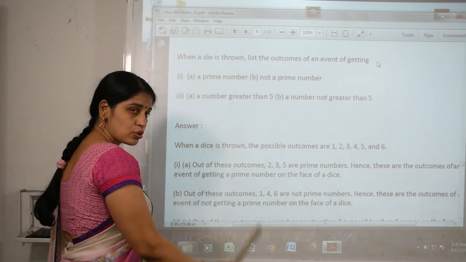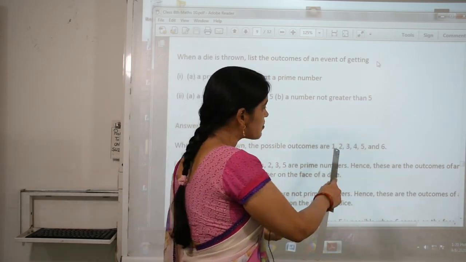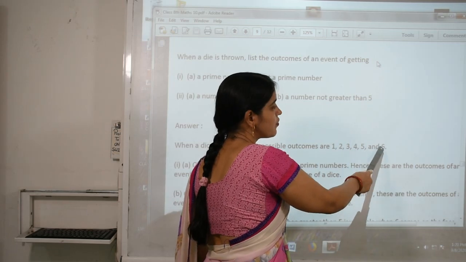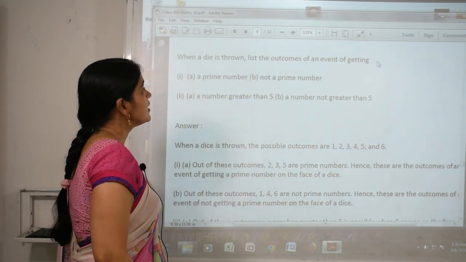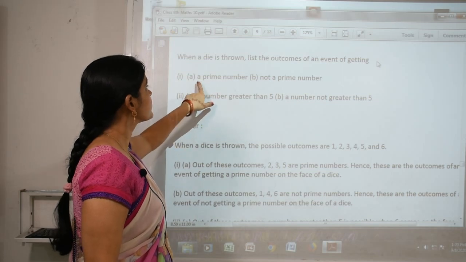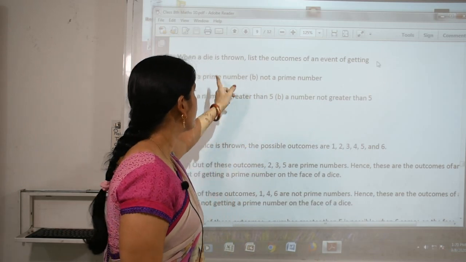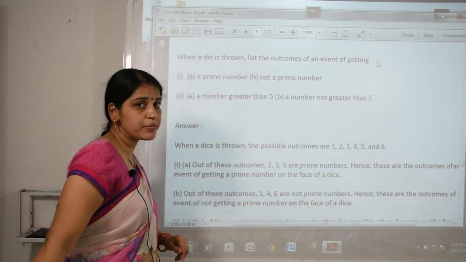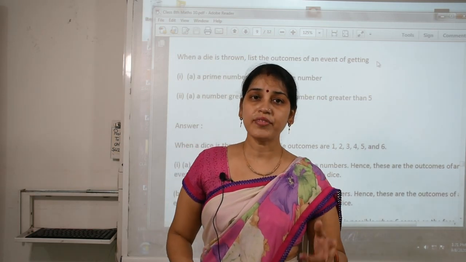व्हेन अ डाइस इज थ्रोन देन पॉसिबल आउटकम्स, तो उसके पॉसिबल आउटकम्स यही नंबर्स होंगे 1, 2, 3, 4, 5 एंड 6. नाउ यू हैव टू फाइंड the outcomes when we get a prime number from these numbers. A prime number क्या होता है, prime number that means the number which has 2 factors.